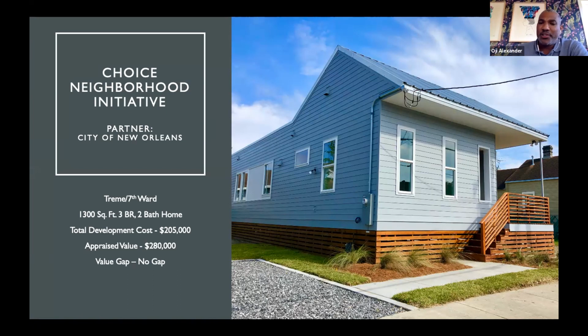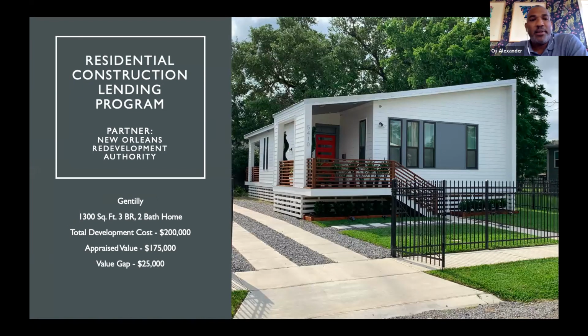In this situation, all the funding went directly to the home buyer. We haven't seen any funding like this since, and I don't believe we'll see anything like it from the city again.